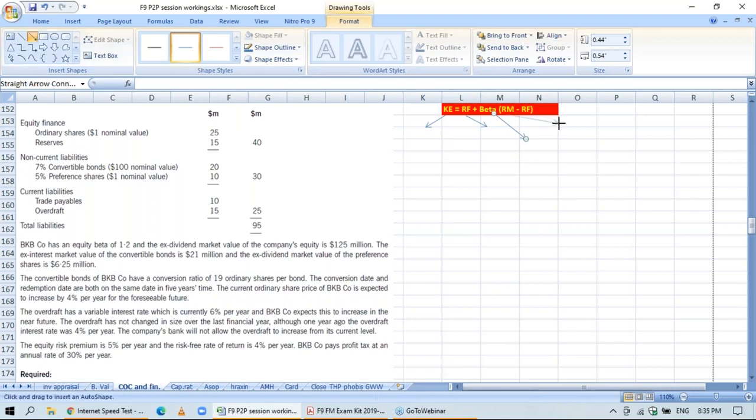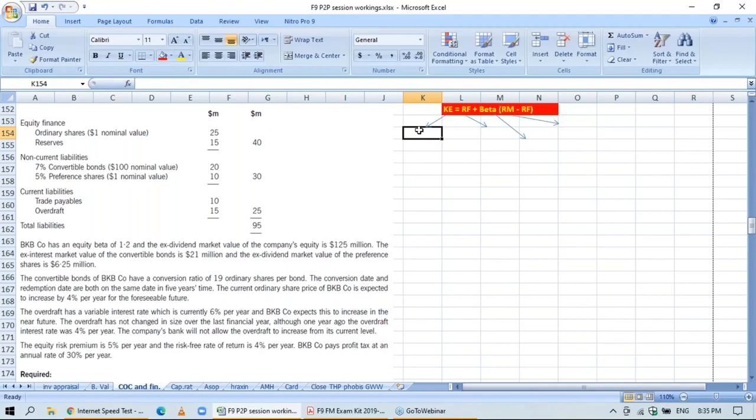And those 3 inputs are: K stands for cost of equity, RF stands for risk-free rate of return.